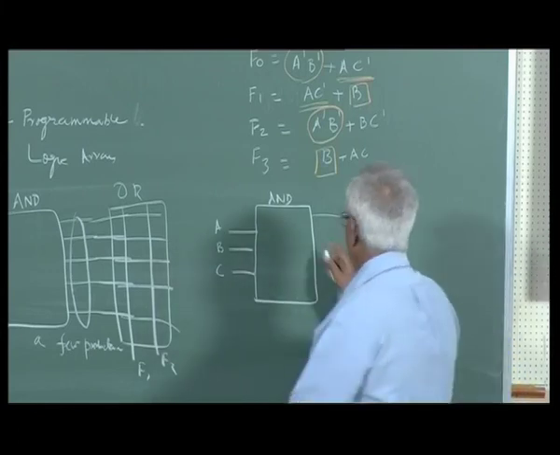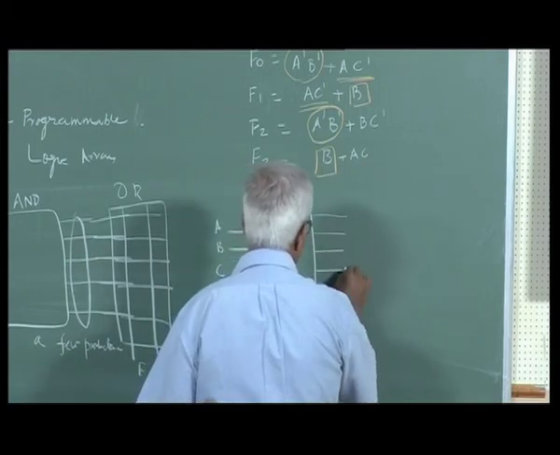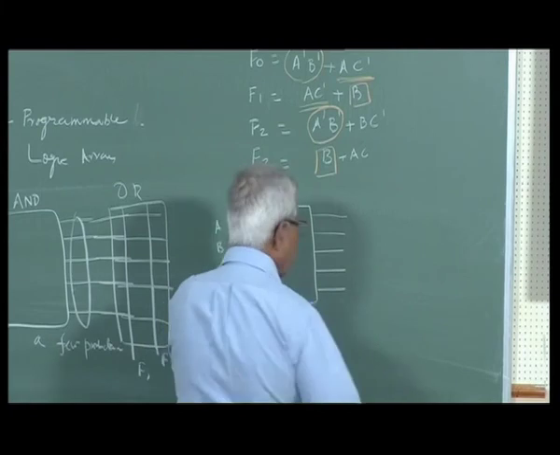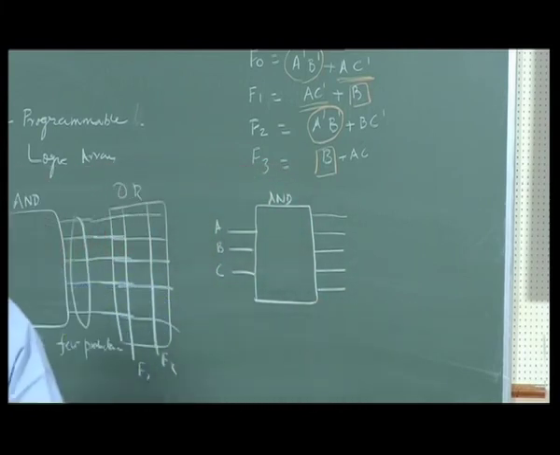Now, that means I will have here 5 outputs, not the minterms a bar b bar c bar, a bar b bar c, a bar b c bar, we do not have that now. Here it will be like that.